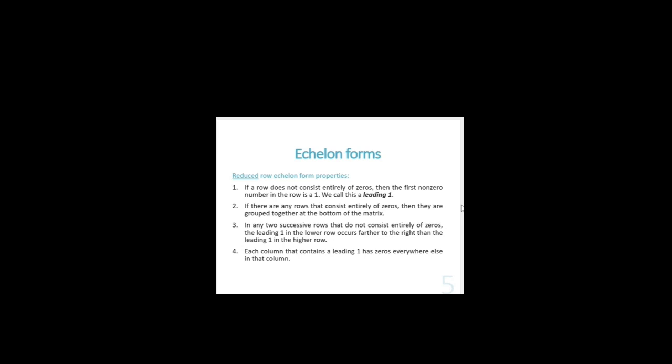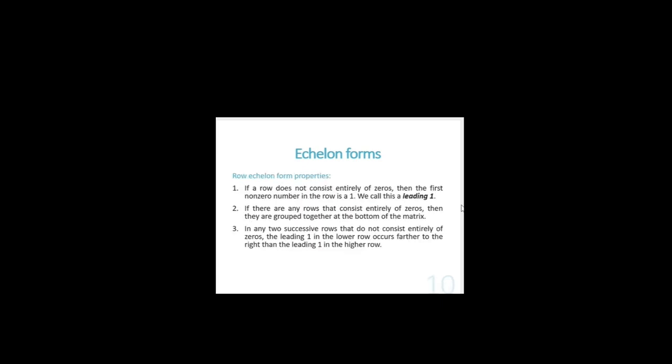So it's this last property that's really, really important to make it the reduced row echelon form. Now, if you had decided to just stop at the first three properties, it would just be called row echelon form. It would not be the fully reduced.